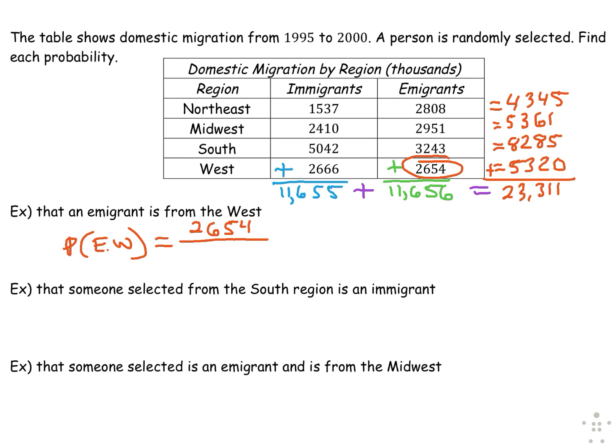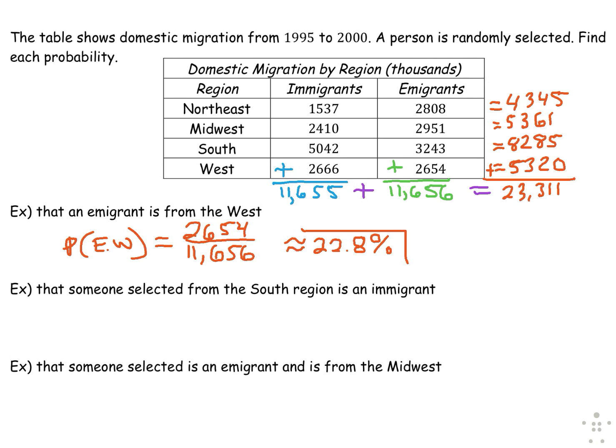Now we are only pulling from the immigrant category or column. So then we want a denominator of 11,656. As an approximate percentage, that's 22.8%.